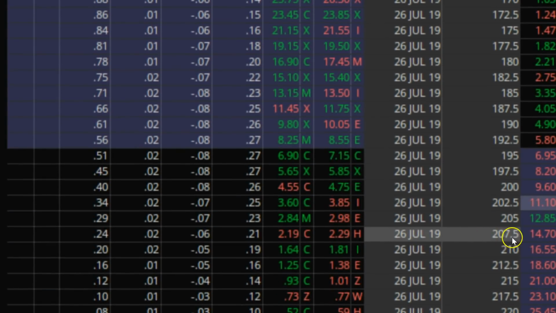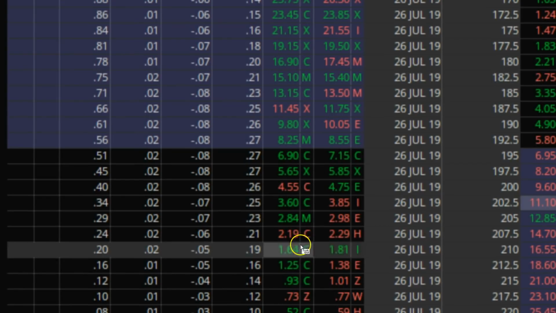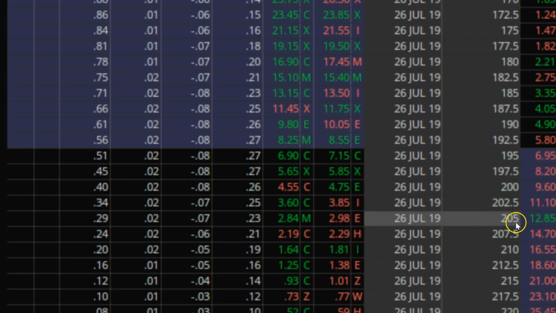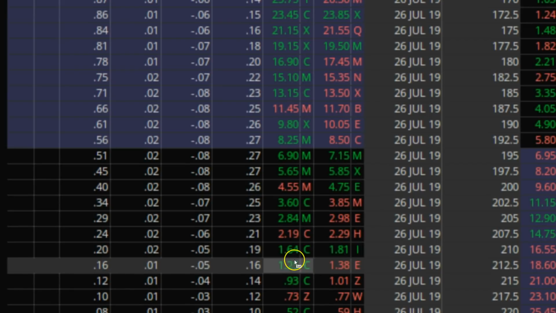In this case, those 207.5 calls would be worth less than $200, just because 3 points under 205 would be around 208. So we have to go a little bit closer to the 210s. So we'd be trading at about 200, maybe even 190, which would be a more than 50% loss from where we bought it.